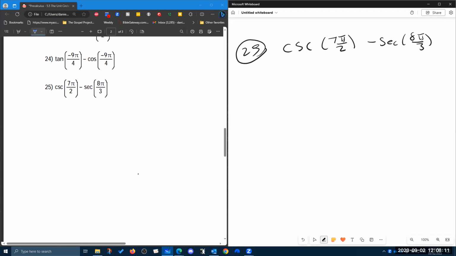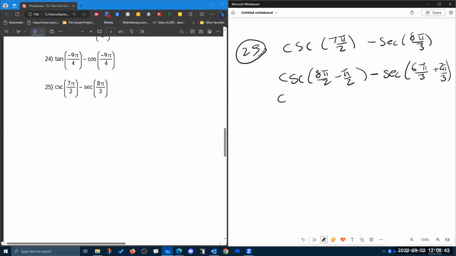So this is almost 8 pi over 2, so this is cosecant of 8 pi over 2 minus pi over 2, minus secant of 6 pi over 3 plus 2 pi over 3.